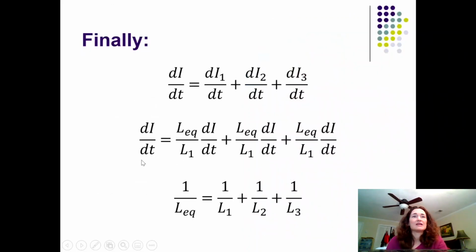When I do that, I end up with di/dt equal to LEQ over L1 di/dt plus LEQ over L2 di/dt, plus LEQ over L3 di/dt. Then the LEQ cancels out for each one, and the di/dt appears in each term, okay? And then I would have 1 over LEQ equals 1 over L1 plus 1 over L2 plus 1 over L3.